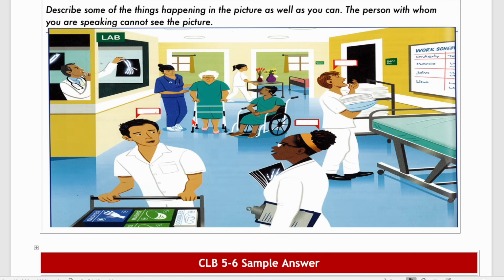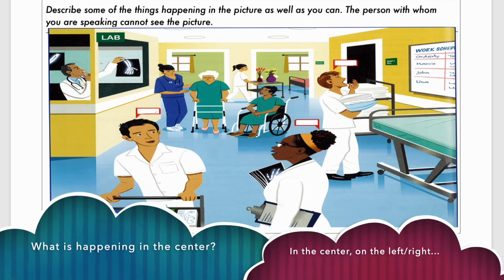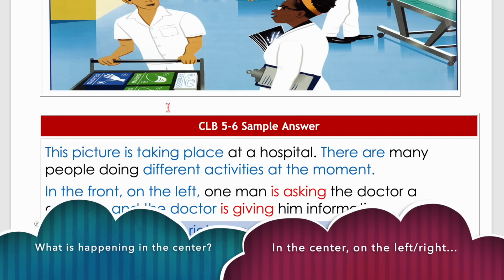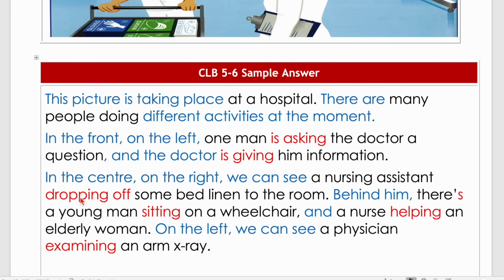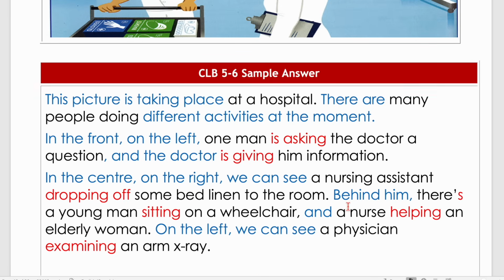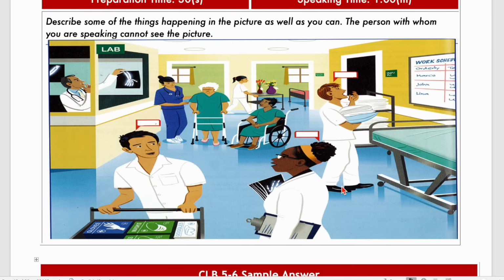Now we're going to go to the center of the picture, the center. Okay, what's happening there? In the center on the right, we can see a nursing assistant dropping off some bed linen to the room. So the nursing assistant dropping off some bed linen.